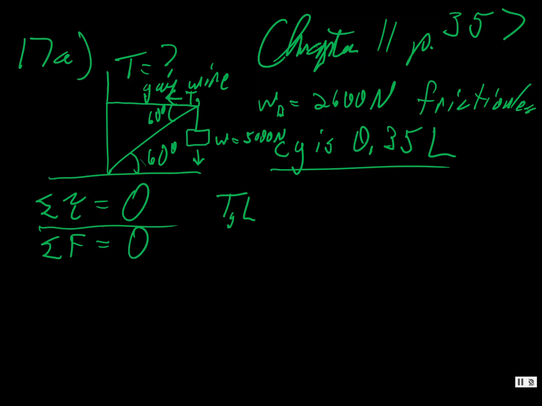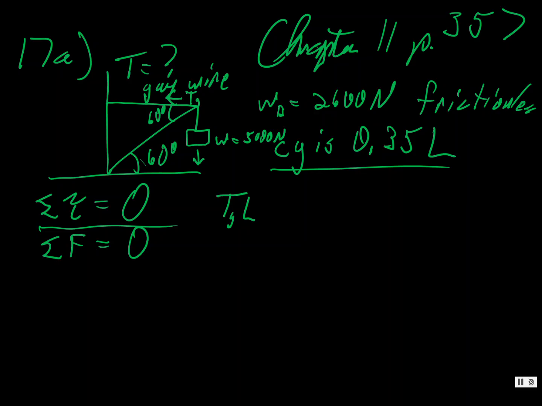Well, for the actual guy wire, we're going to use sine because it's the opposite over the hypotenuse, right? Because look, guys, this wire and that wire are basically the same, okay? Just because there's a pulley there doesn't change anything. Let me make sure on that now.